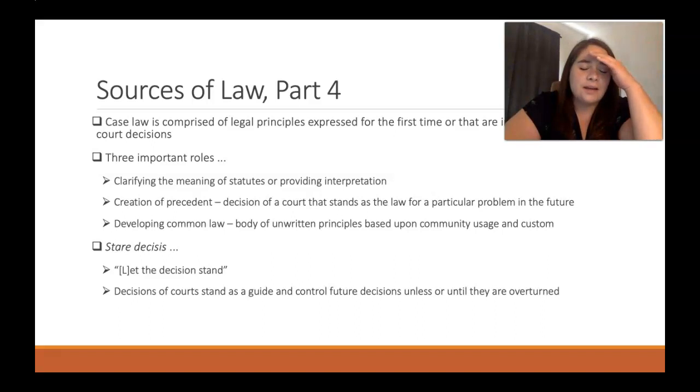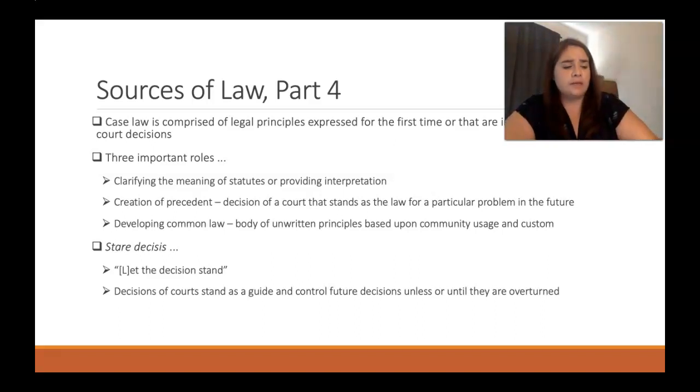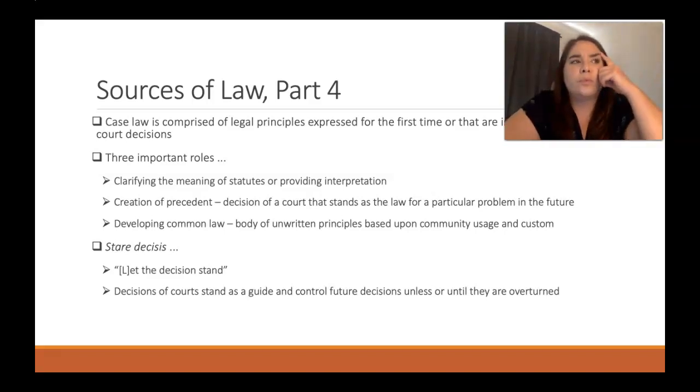So one case that I loved learning about in law school was the hot pursuit exception. So someone is running around chasing after someone who had just committed murder.